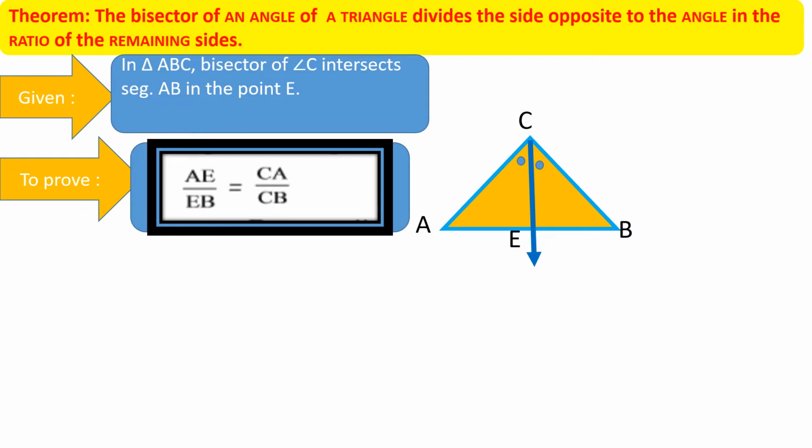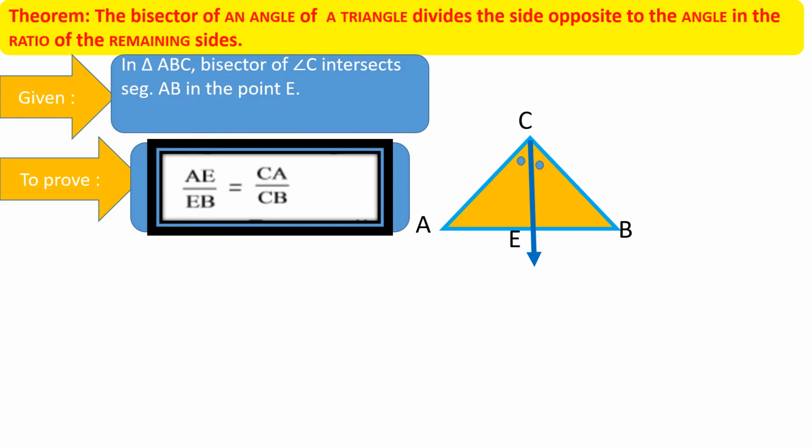So I have to use the basic proportionality theorem to prove this theorem. To use it, we need a triangle, and in that triangle we need a line parallel to one of the sides of the triangle. So we have a triangle, but we don't have any line parallel to any side of the triangle.